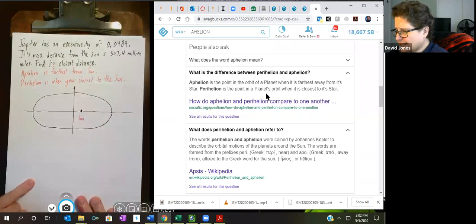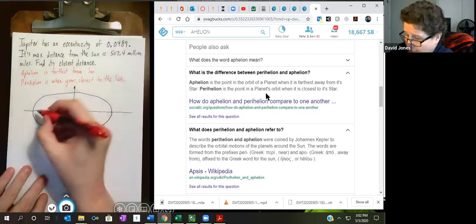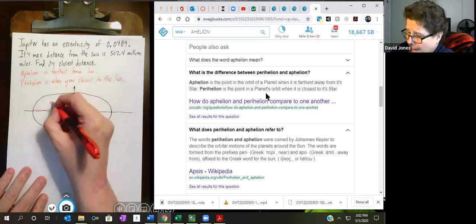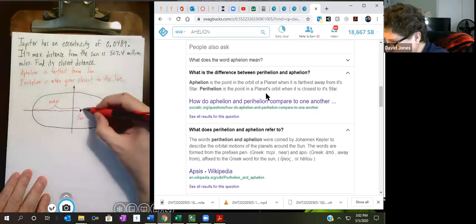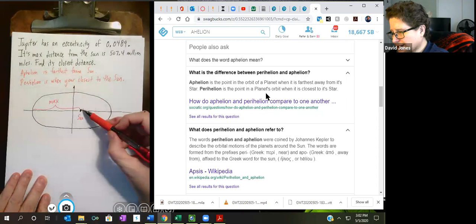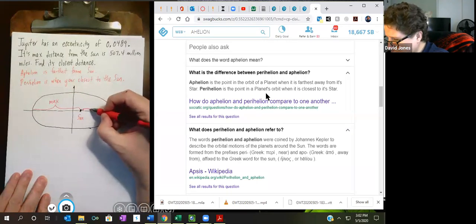The max distance is going to be along the major axis, which means this distance right here, right? That's my max. The way the shape is drawn, it doesn't look like it. The min should be over here.